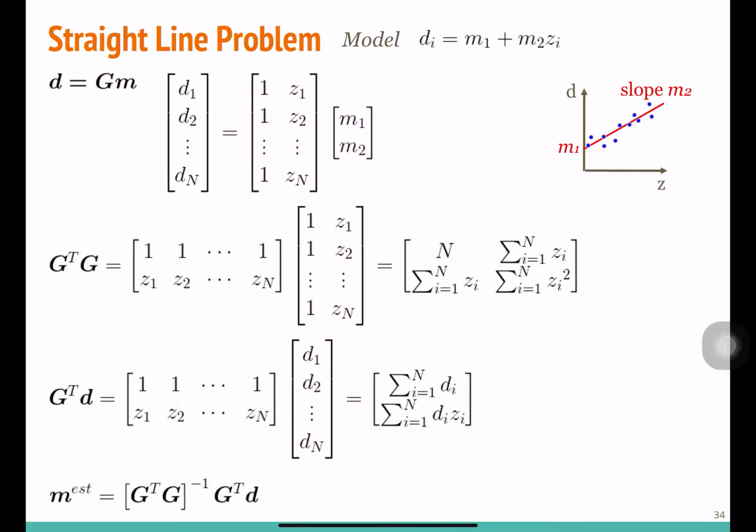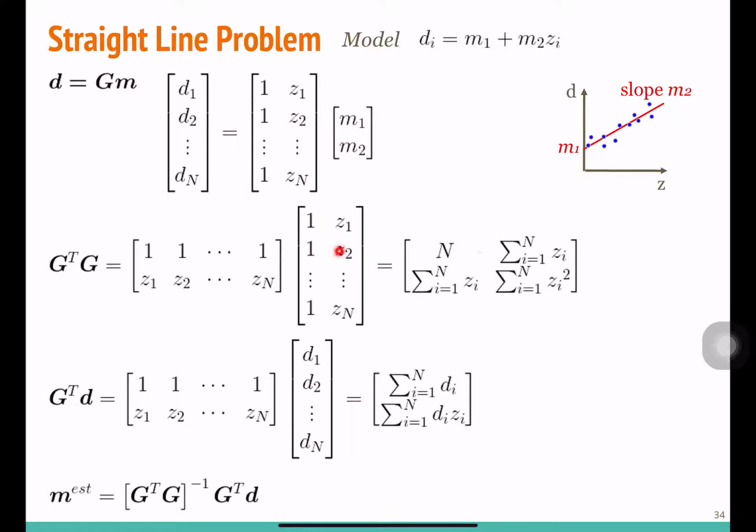Next, here is just for your reference how we do it if we don't have a computer. How do we do the straight line problem by hand? If we have a straight line problem, we have the expression of data equals the matrix of coefficients times the model parameters, and then we have the dot product of the transpose of G and G in here.